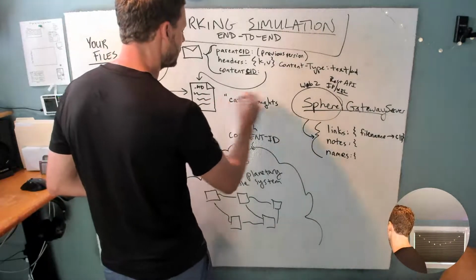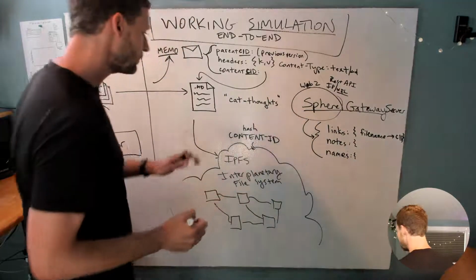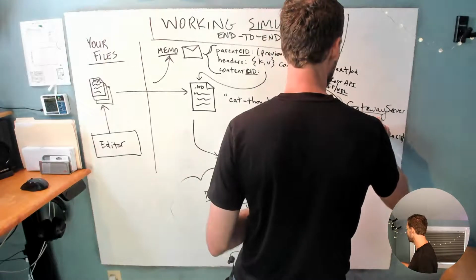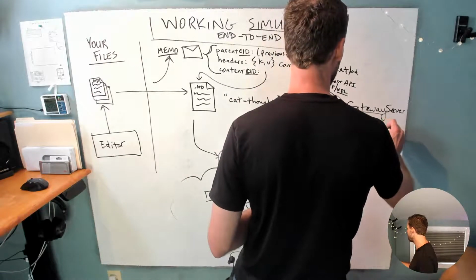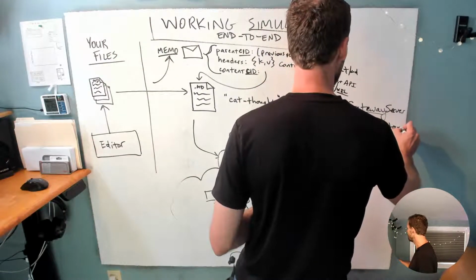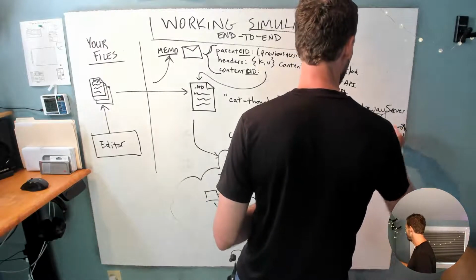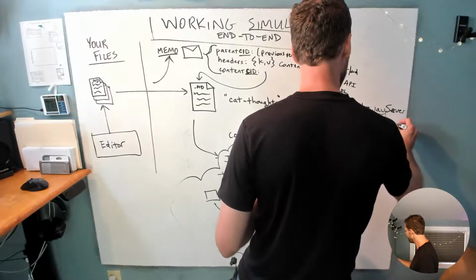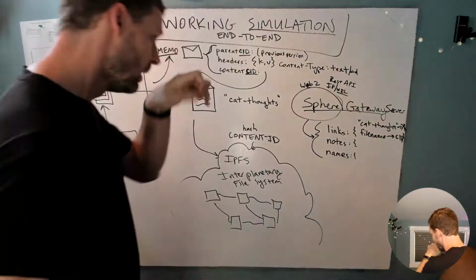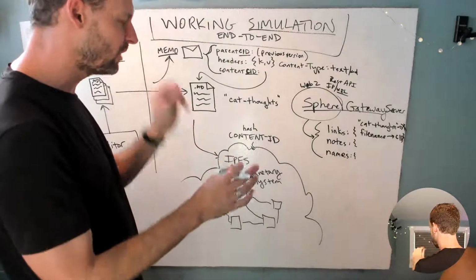The name of the file is cat thoughts. Then links will store, and there's a reason why we're storing these separately, cat thoughts and then a reference to some CID. We'll call it X for now, just to have it referenced there. So that's the file name to CID mapping.